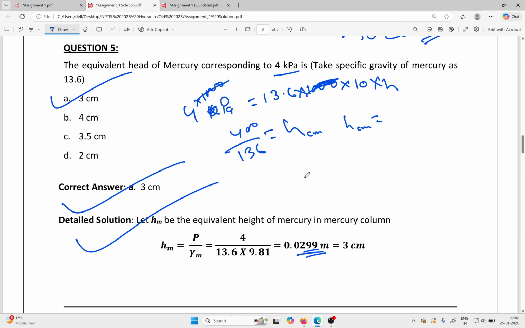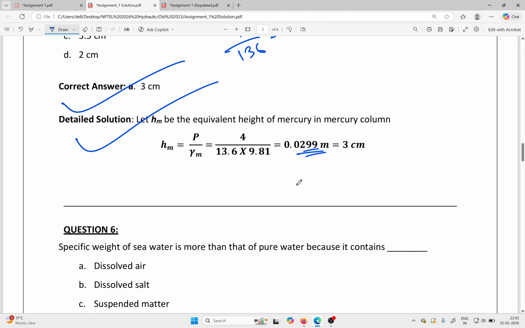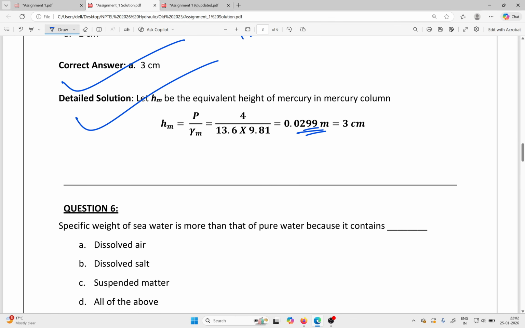Okay, now let us move on to question number 6. The specific weight of seawater is more than that of the pure water because it contains: dissolved air, dissolved salt, suspended matter, all of the above.